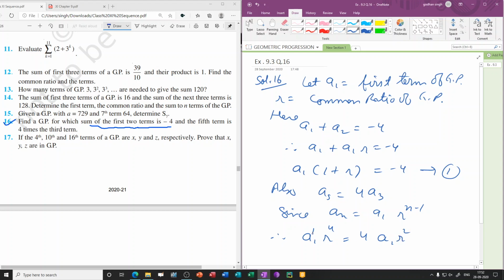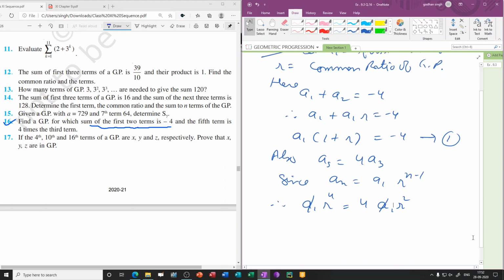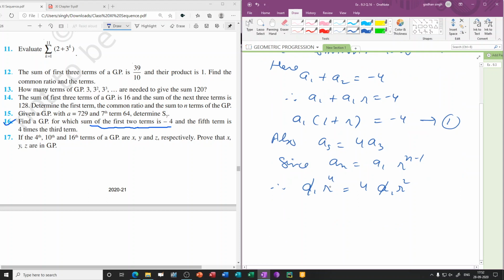So both sides a1 and a1 being cancelled out, and therefore now r raised to 4 we can write as r square into r square equal to 4 r square. R square and r square cancelled out, therefore r square equal to 4. Therefore we can say that r equal to plus minus 2, because the square of 2 is 4, also the square of minus 2 is 4.